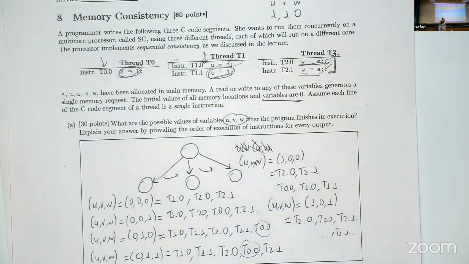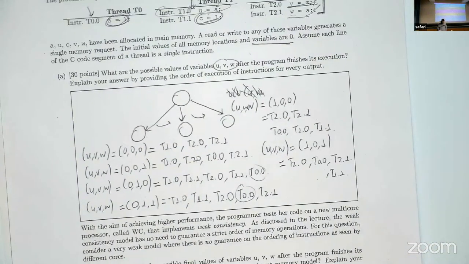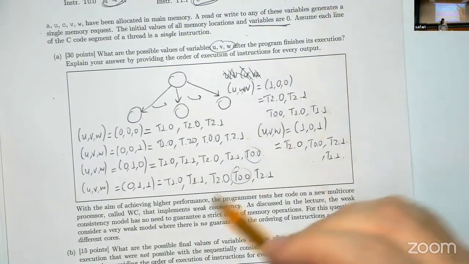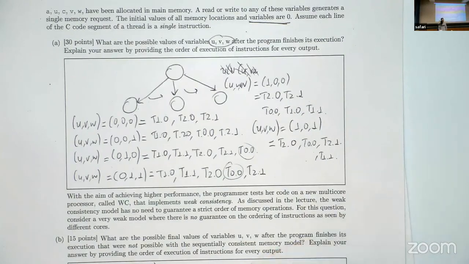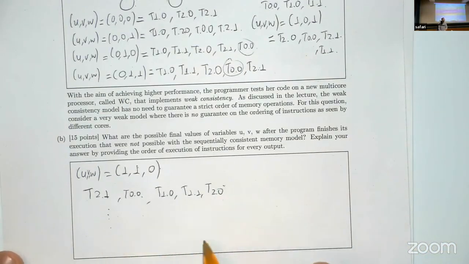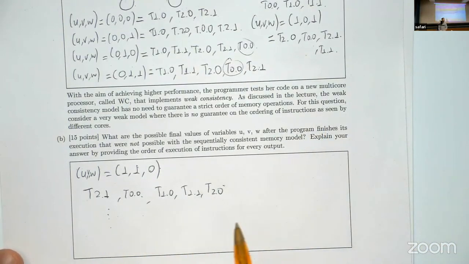That's a very quick consistency model. That's one scenario. Potentially, you can find more scenarios here that lead to the same example of 1, 1, 0, but if you give only this scenario, you will get the maximum points.